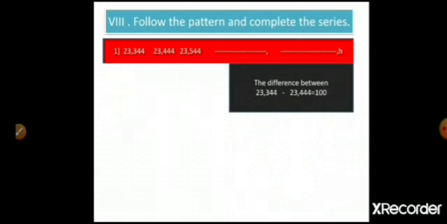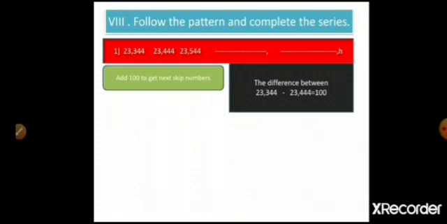The difference between the two numbers is 100. Add 100 to get the next skip number. So here, what is the third number? Add 100 to get the next skip numbers. Then the third one, what is the number?